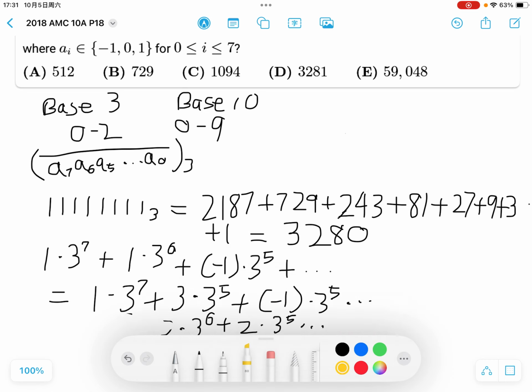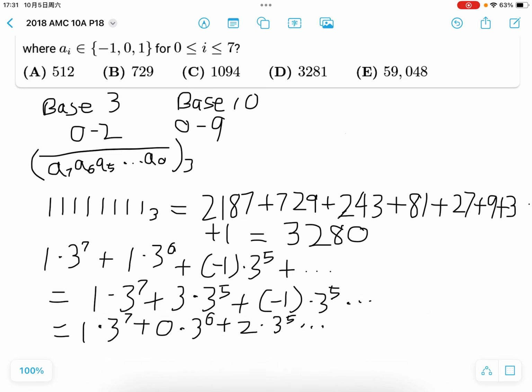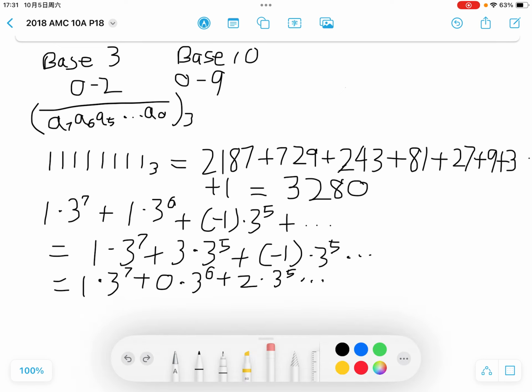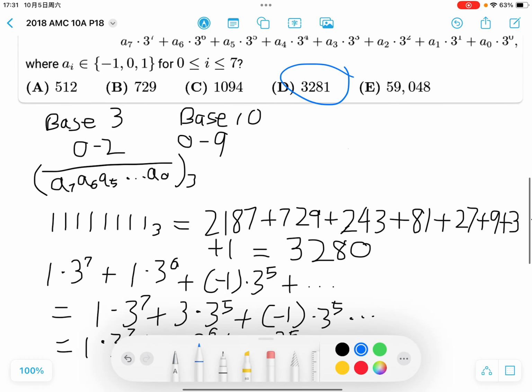So this is how you can represent all the numbers from 0 up to the largest number in base 3. There are 3,280 numbers from 1 to this huge number in base 3, if you convert it to base 10. So why is the answer 3,281?